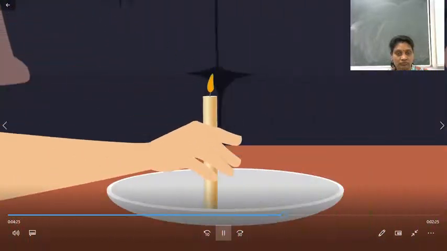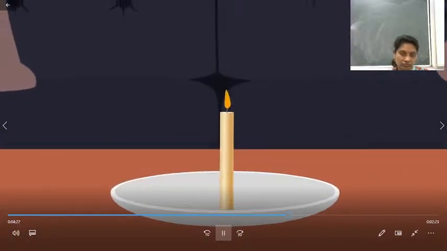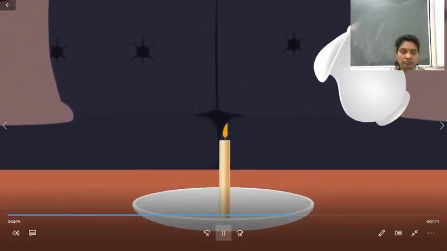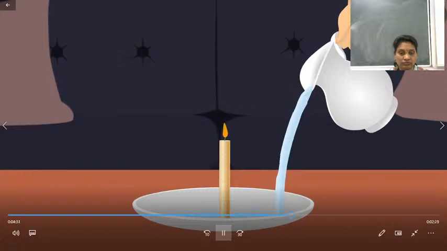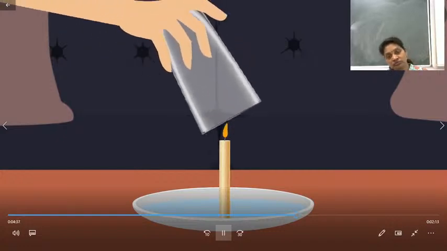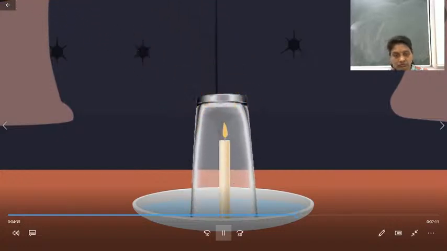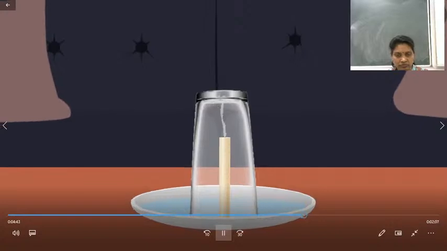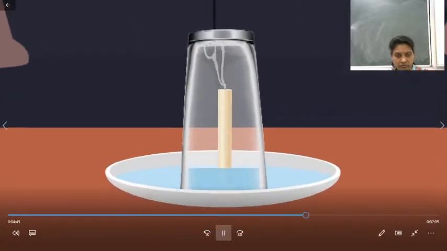Ankit lights up the candle in the plate. Pawan slowly pours water in the plate and fills it to the half. Now Ankit covers the candle with a glass. The candle light starts to flicker and extinguishes after a while. See, the water level has risen up in the glass.